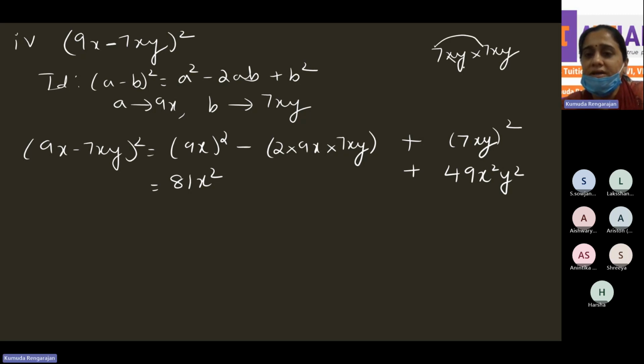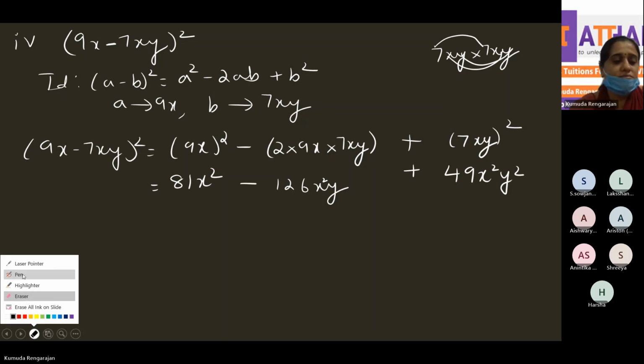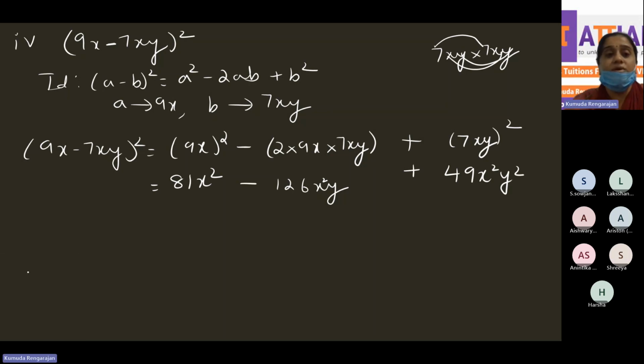So 49 x squared y squared. And here the middle term, 2 nines are 18, 18 sevens are 126 x squared y. So this is the square of 9x minus 7xy.